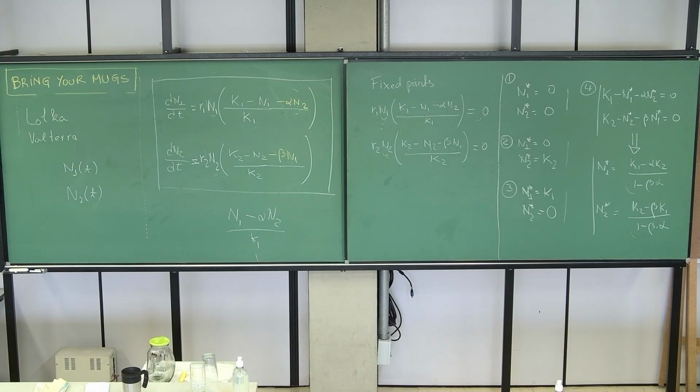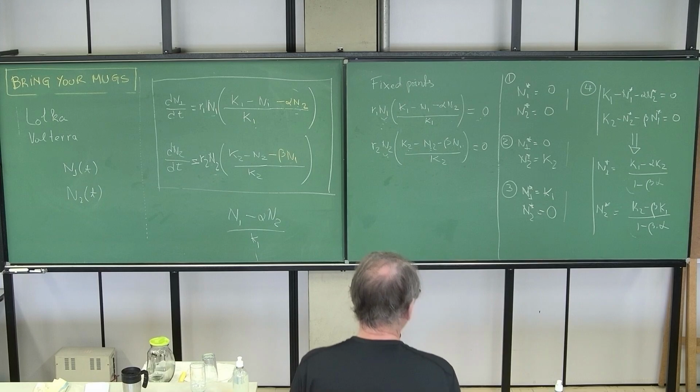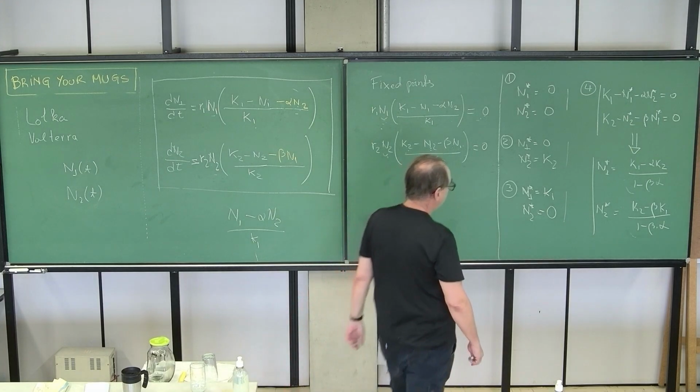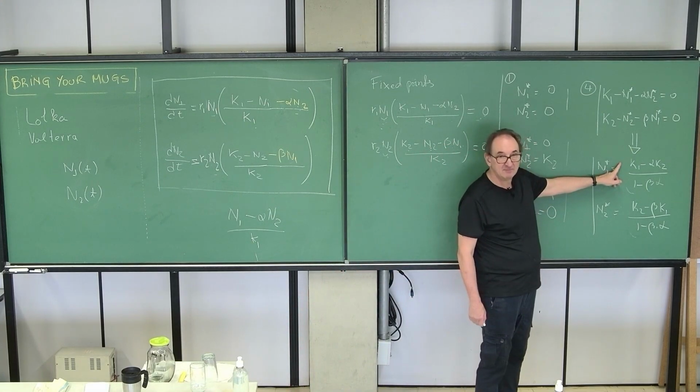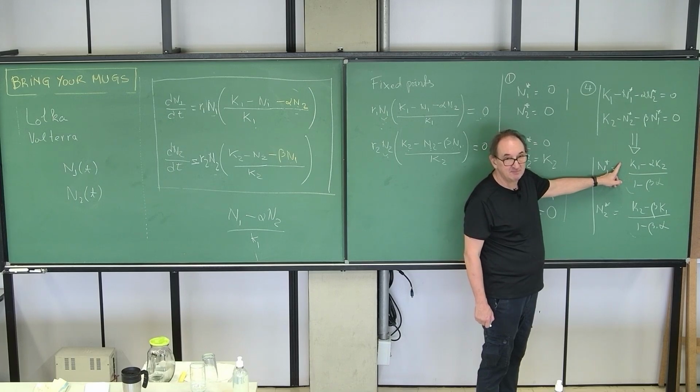So next question. I want to take a look at the same thing you were doing here. What if we do that in one of those fixed points and we have a beta that is very, very small, so that the denominator equals 1 and we have only the numerator, K1 minus alpha K2?